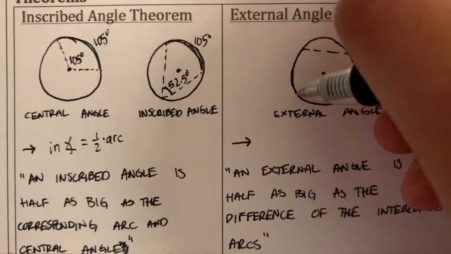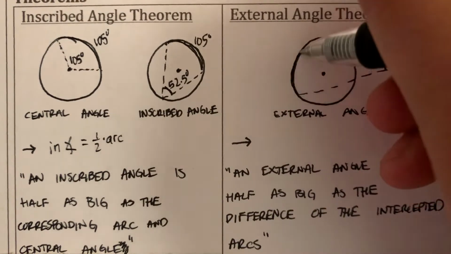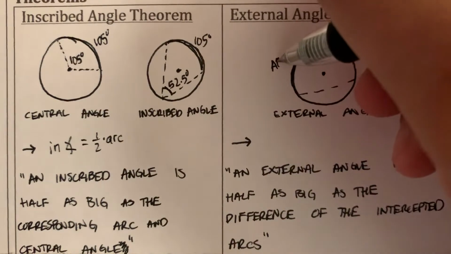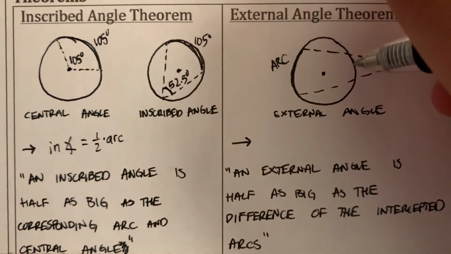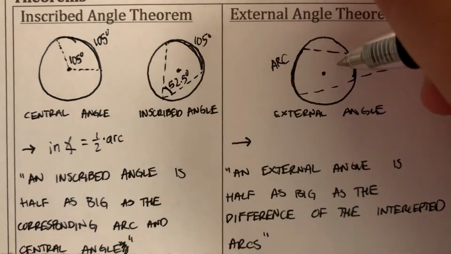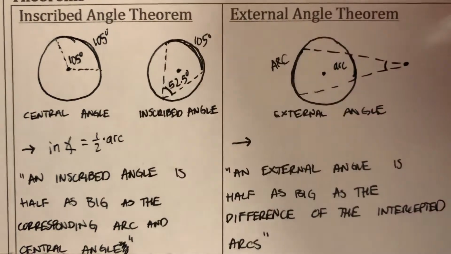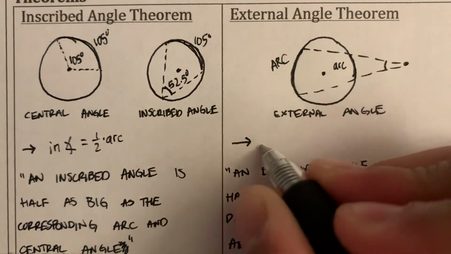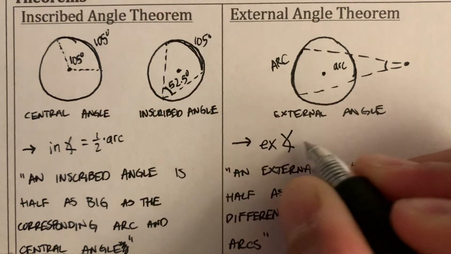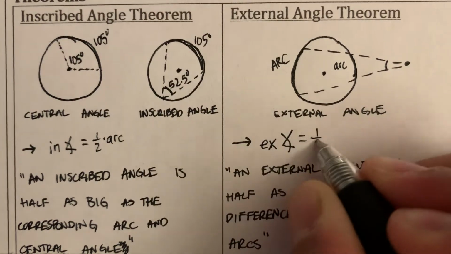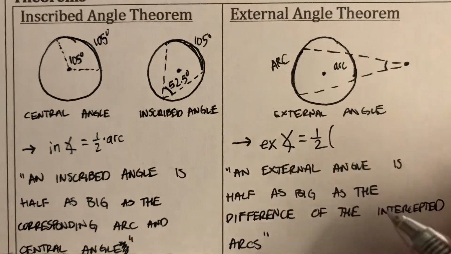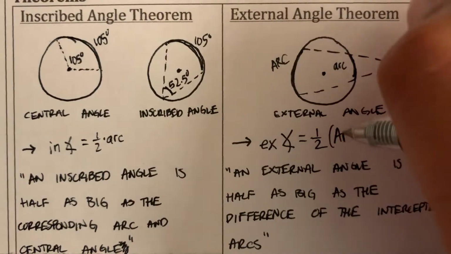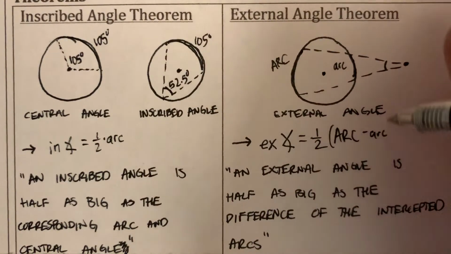This right here is the first intercepted arc, and we're going to label that with a capital ARC, and this one right here is going to be a lowercase arc, right? Big arc, little arc. So this external angle is half as big as the difference, so it's going to be the big arc minus the little arc.